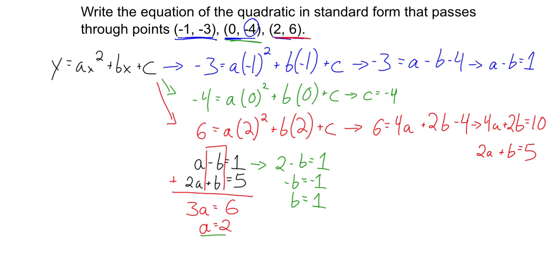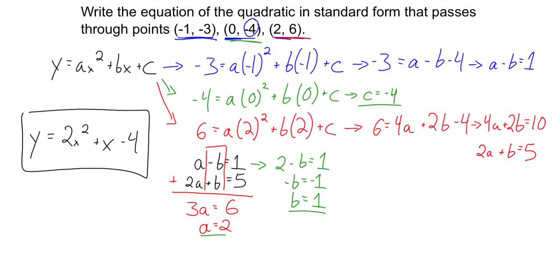Now I have my a value, my b value, and my c value. So I can rewrite this quadratic as y is equal to 2x squared plus x minus 4. That is my completed quadratic, just using those 3 points.